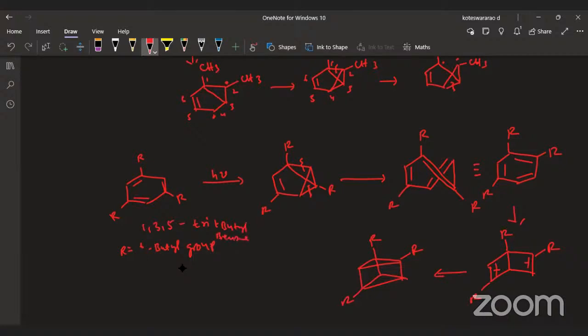It results in the 1,2,4-tri-tertiary butyl benzene. Now it leads to the formation of Dewar benzene derivative.